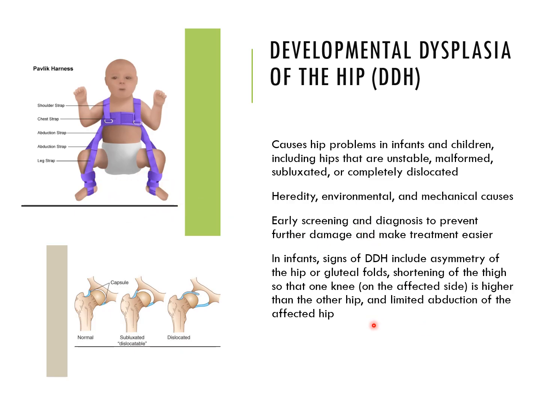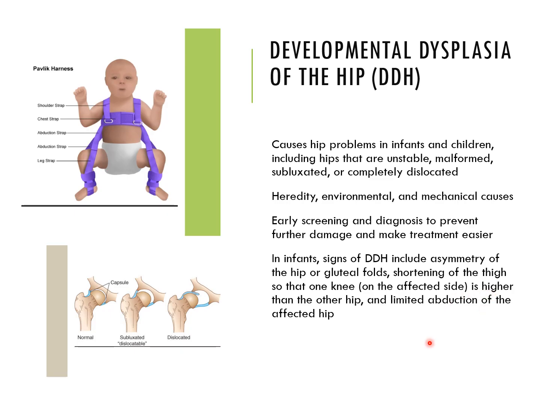So as I mentioned, we do screen early. We usually look right when infants are born for these signs of DDH. So things like asymmetry of the hip or gluteal folds. The gluteal folds are those little folds right underneath the buttocks that we see. If they are misaligned, one may be higher than the other, that's a sign of possibly DDH.